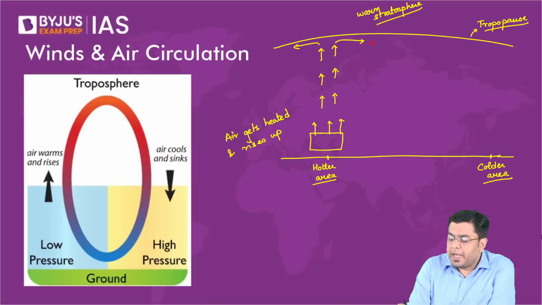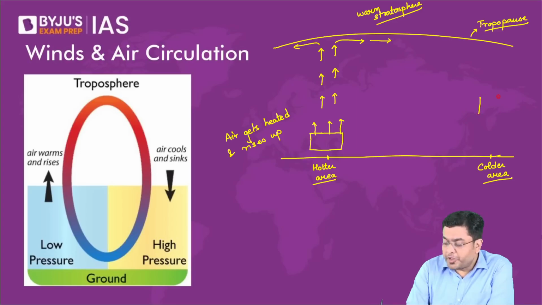Okay. Now, as it moves in this direction, in the meanwhile, we have a colder region. A colder region means that you will have the ground which is cold. The air above it will also get slightly colder. Now, colder air means a much greater number of particles, because what do we mean when we say cold?